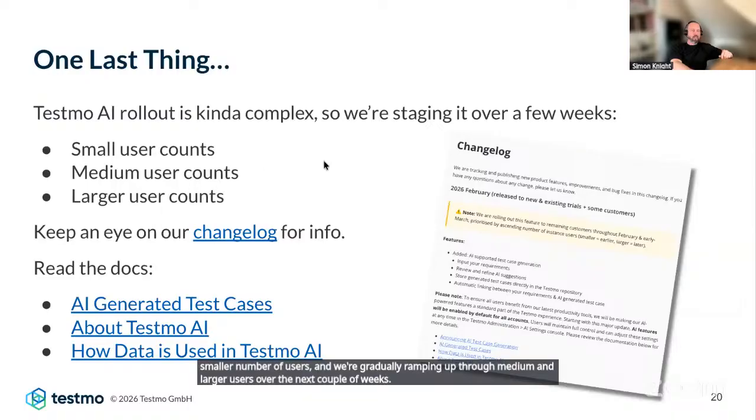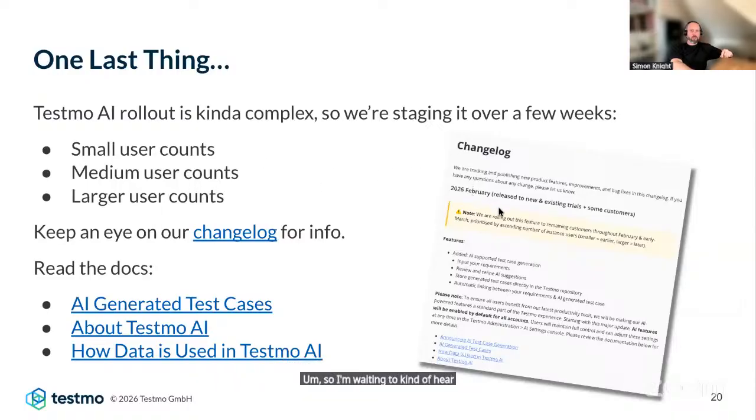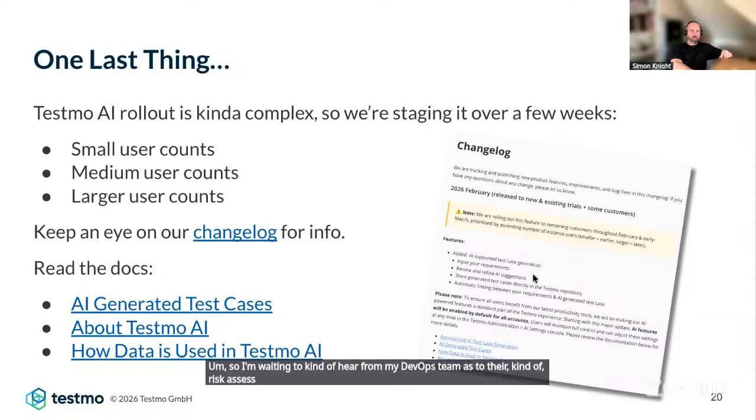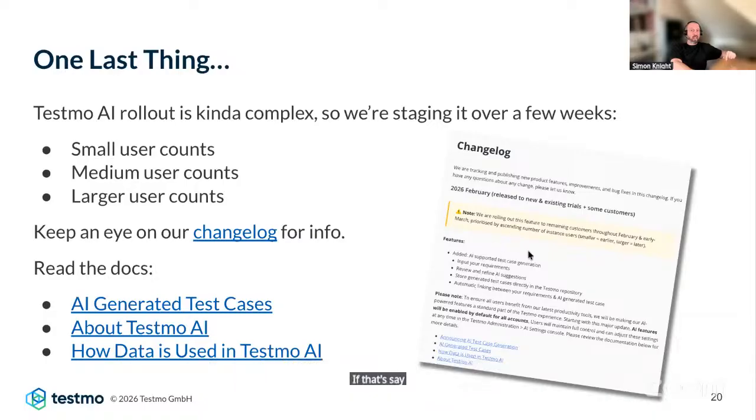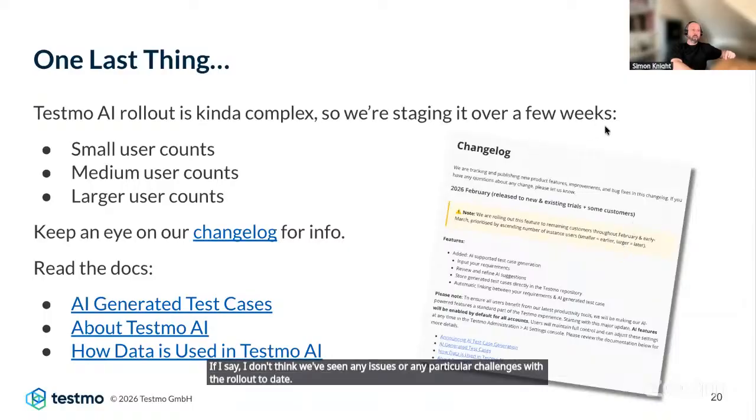So I'm waiting to hear from my DevOps team as to their risk assessment as to how we should proceed based on how we're seeing things go with the existing instances that we've rolled it out to. Fair to say, I don't think we've seen any issues or any particular challenges with the rollout to date. So hopefully the rollout will occur faster than we originally envisaged.